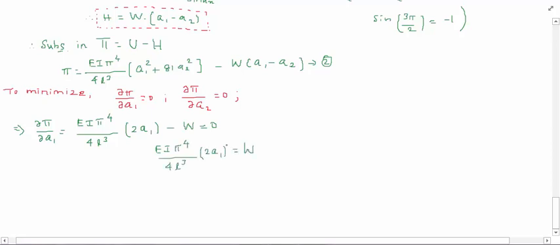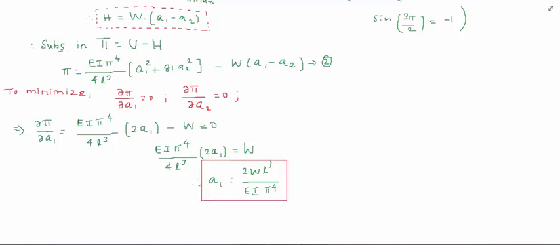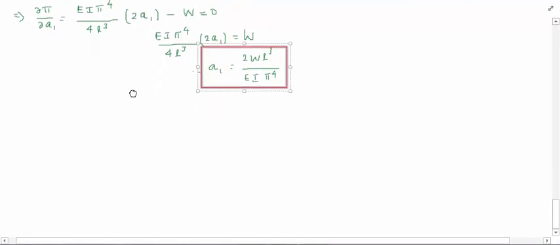It is partially differentiated, and again the remaining values have been written like this. From this we can find the a1 value, 2WL cube divided by EA pi power 4. Okay, so remember this value. Similarly, dou pi by dou a2, that also we have to find.